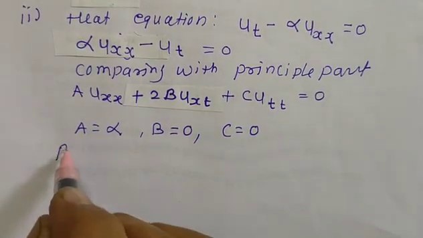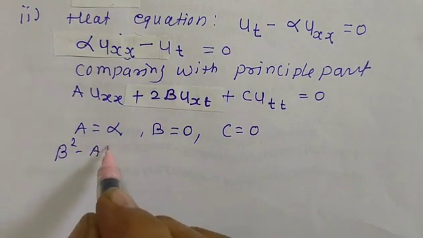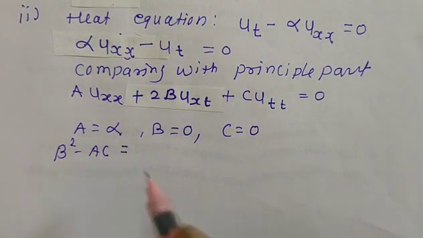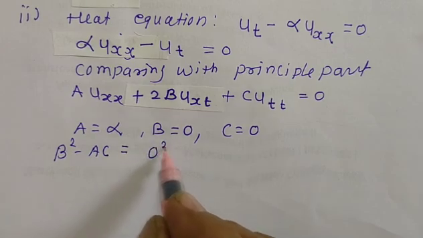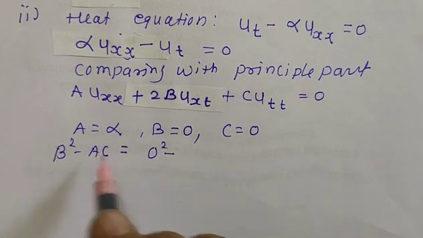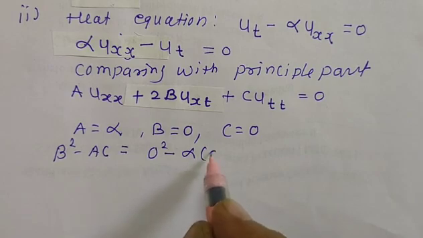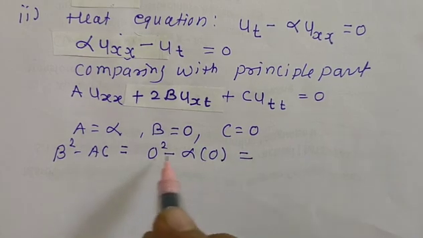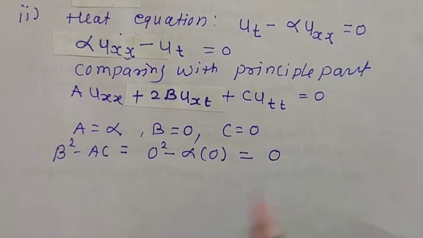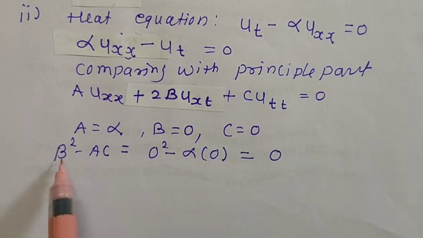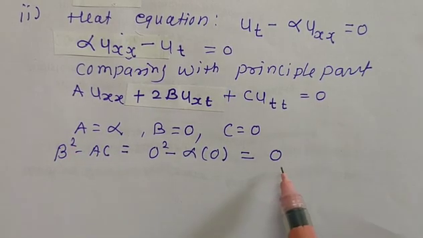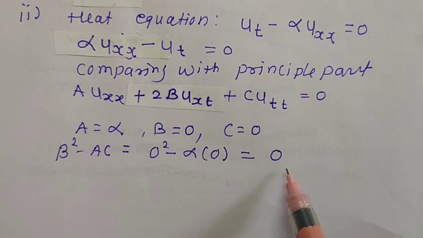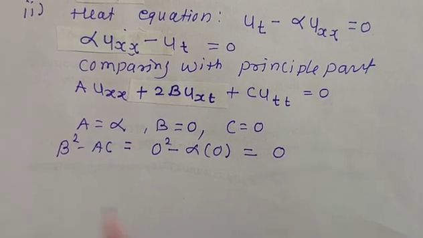So again, B square minus AC will give you what? 0 square minus A is alpha, C is 0. So that means this is 0. If B square minus AC is 0, then definitely this type is parabolic, not elliptic.